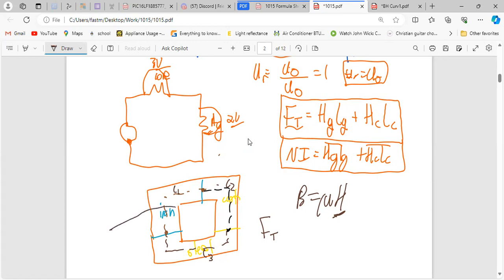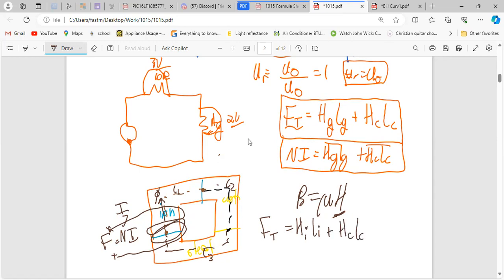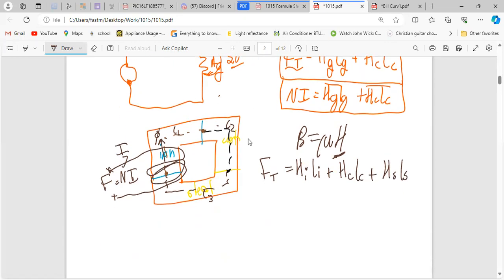If I apply a coil here, F is Ni, the number of turns times the current. So the MMF needed to push flux through the different materials will be Hi Li for iron, plus Hc Lc for the cast, plus Hs Ls for the steel. And that's how we calculate it.